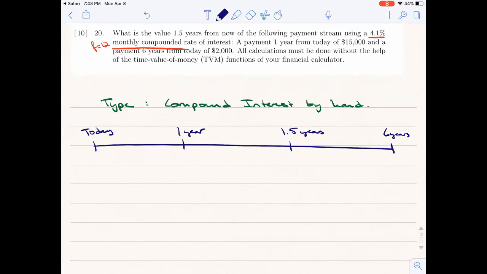So the payment amount 1 year from today is $15,000, and a payment 6 years from today of $2,000. And we want to know what's the value 1.5 years from now, and that's what makes the 1.5 year point the focal date, right? We want to know what's the value at 1.5 years.